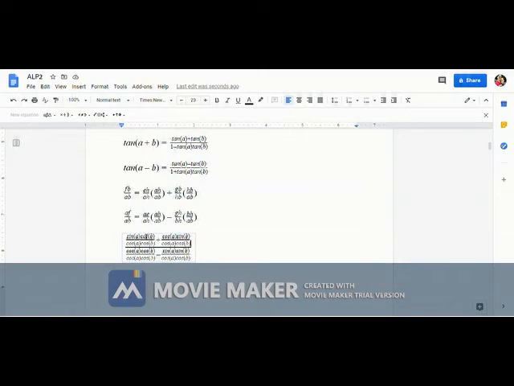So this cosine A, or cosine B over cosine B, and this cosine A over cosine A, well, those are going to cancel out. And this cosine A times cosine B over cosine A times cosine B, well, that's just going to cancel out. So those are all going to become 1s.